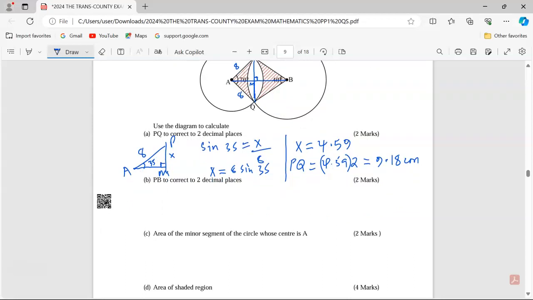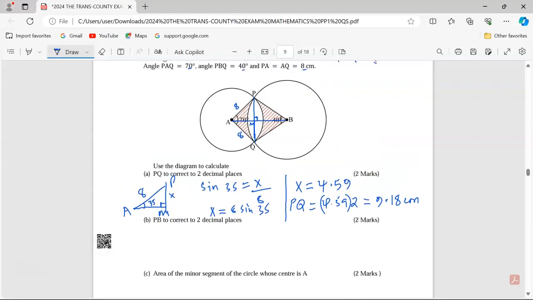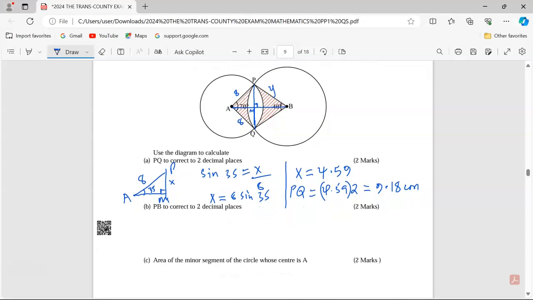Part B, PB, correct to 2 decimal places, length PB. So length PB is going to be this length, which you can let to be Y. We can apply trigonometry again, whereby we're going to work with an angle of 20 degrees. After this 40 has been bisected, we will get a 20 at that point.